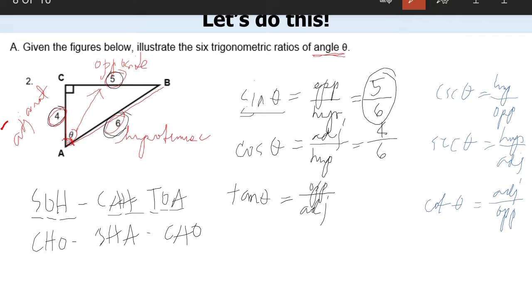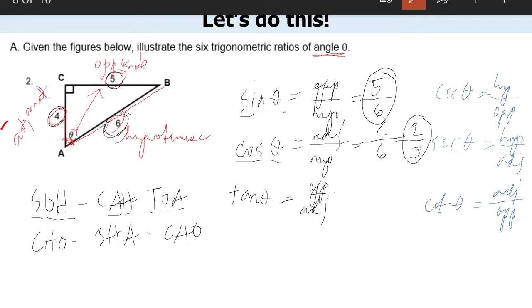But we can still simplify 4 over 6 by dividing both the numerator and the denominator by 2. 4 over 6 will become 2 over 3. So 2 over 3 is the simplified ratio of cosine theta.